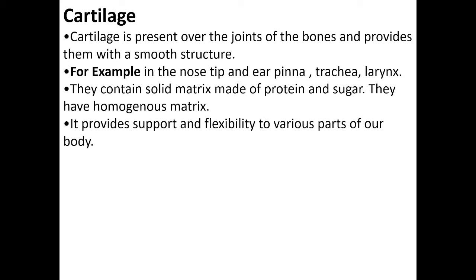Ligament, a little bit of matrix is present. Tendon, fibrous matrix. And in cartilages, a solid, flexible matrix is there. Clear? It provides support and flexibility to various parts of our body. Here too is the connection and supporting function of these tissues.